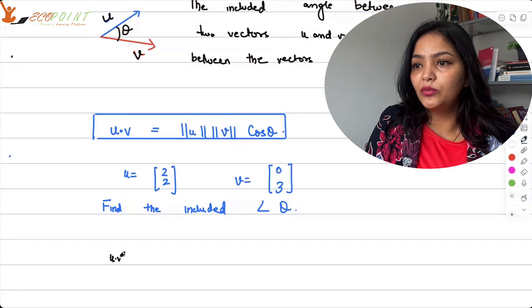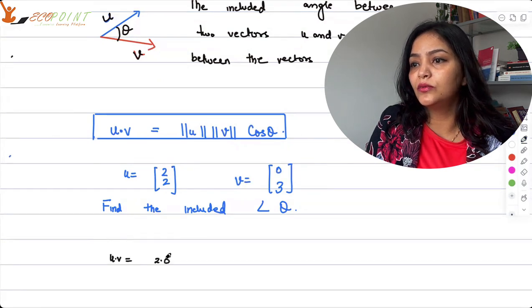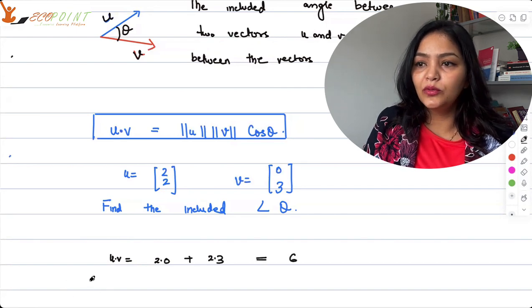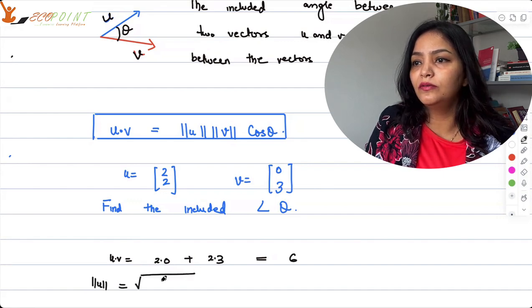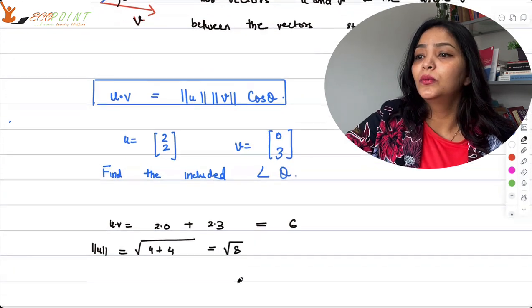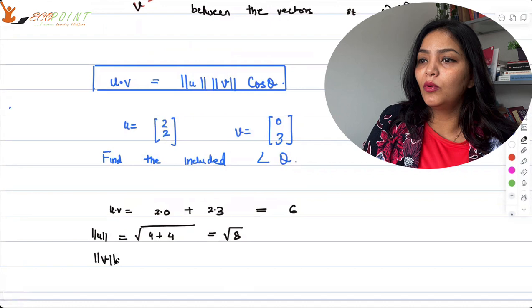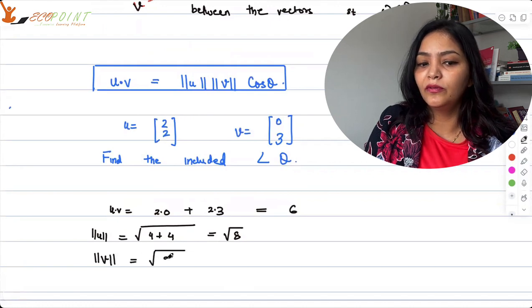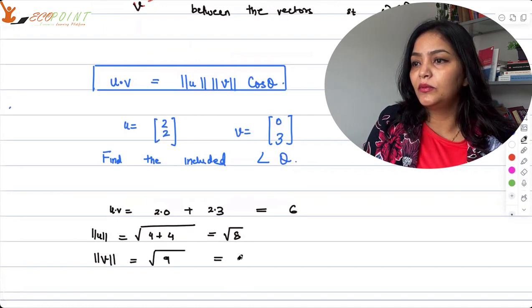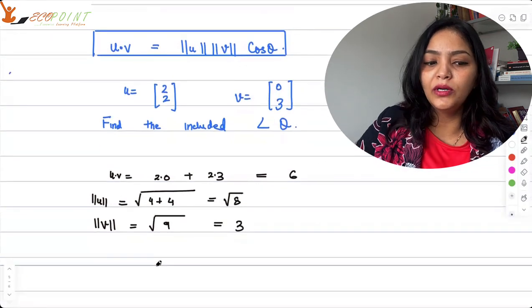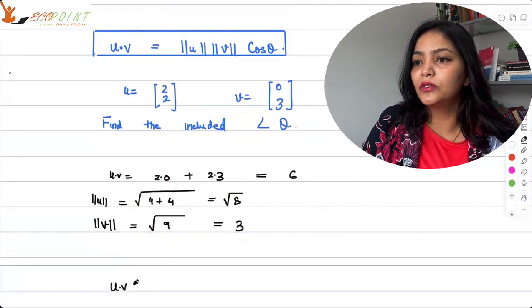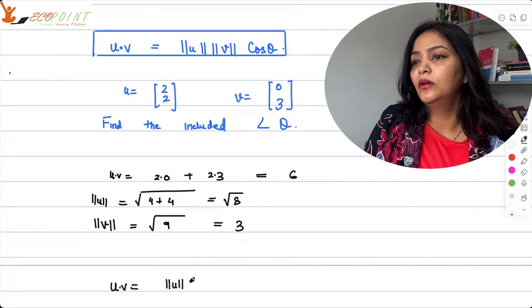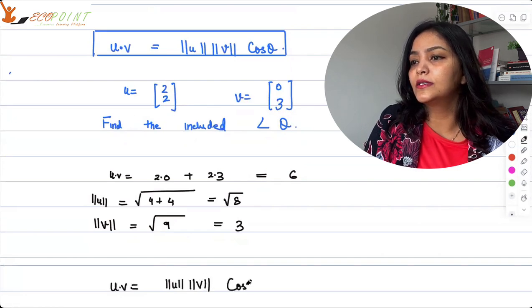Well, you compute U dot V. U dot V is 2 into 0 plus 2 into 3, so it is 6. Then you find the norm of U, which is the square root of 4 plus 4, that is the square root of 8. You also need the norm of V, which is the square root of 9, so that will be 3. Now, what we know is that U dot V is equal to the norm of U, norm of V, cos theta.